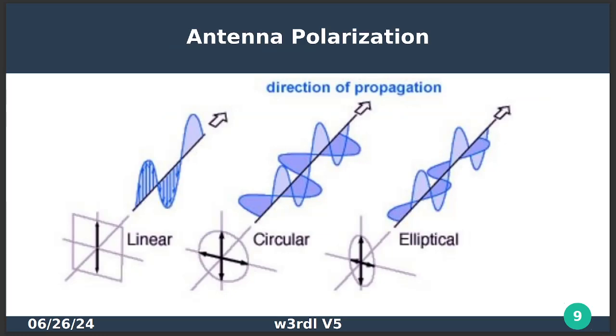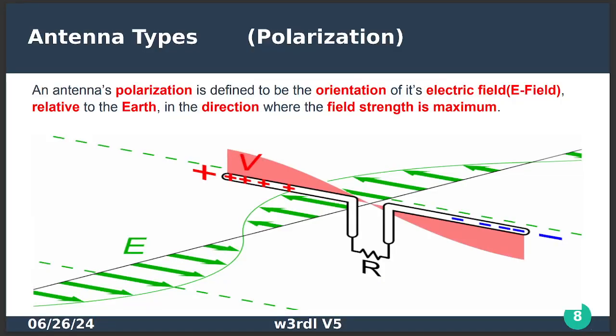And then polarization, this is the point of this before I get away from it. Polarization is the E field with respect to the Earth's surface. So when the E field is laying flat like that, then it means it's horizontally polarized. And if in the air, then your E field is going to be standing up, and it would be vertically polarized.